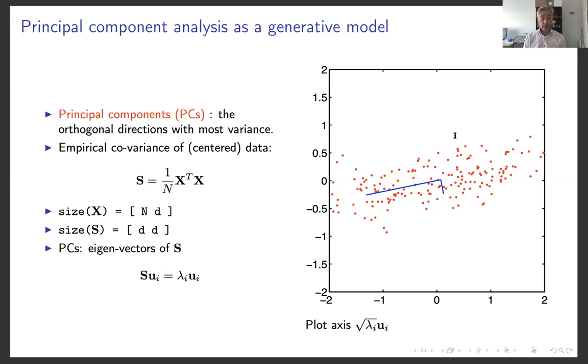So that means the directions in our X space with most variance. This is illustrated here in 2D. And if we want to have a representation for this data, then we project onto these dimensions, and then we also scale with the square root of the eigenvalue. And this can be realized through singular value decomposition in an efficient way, but that's another story.